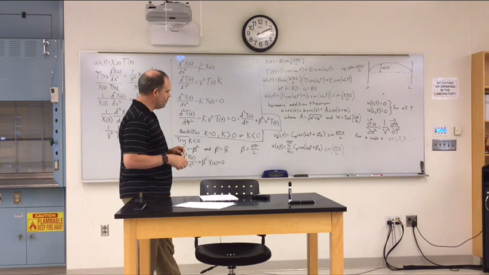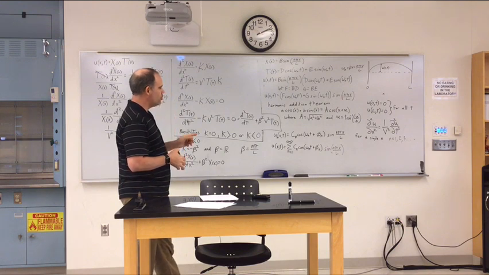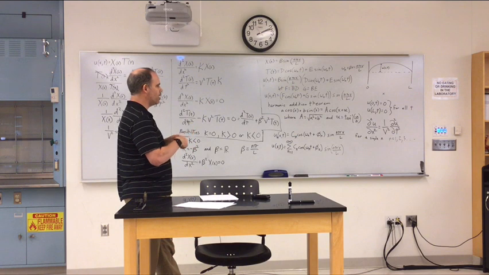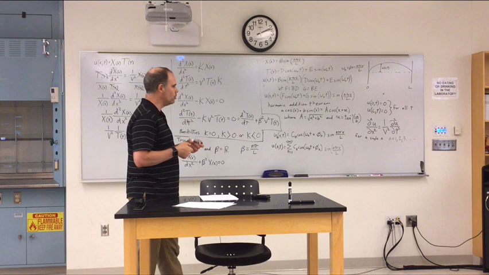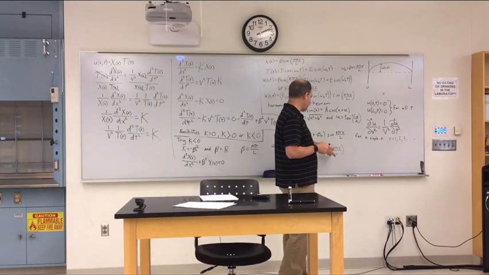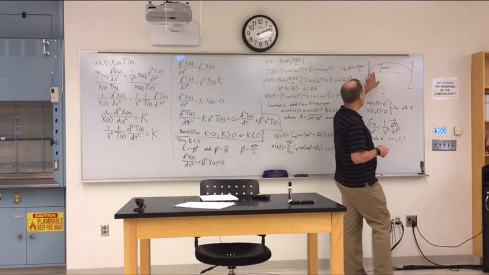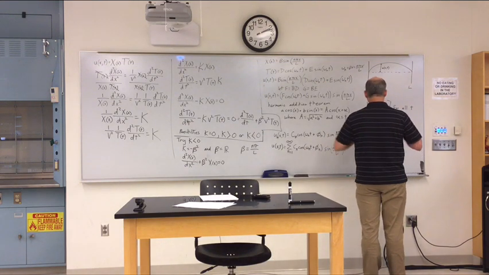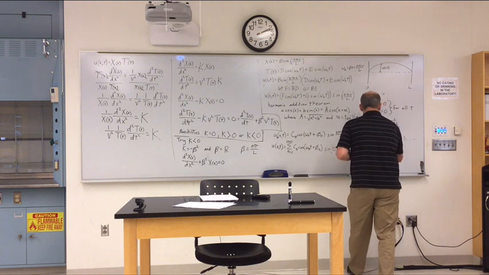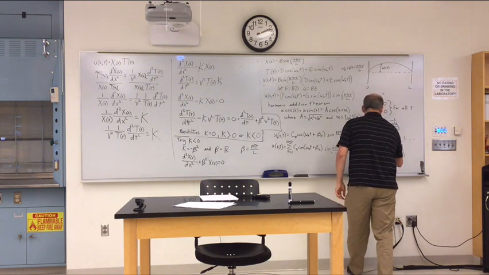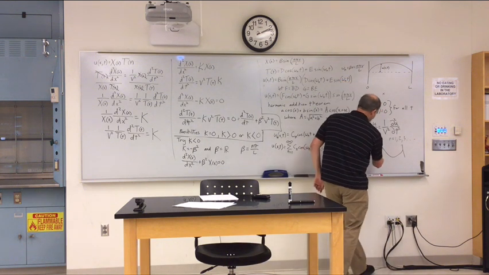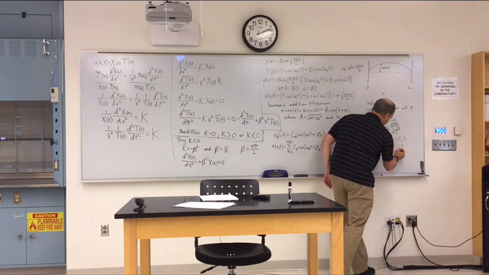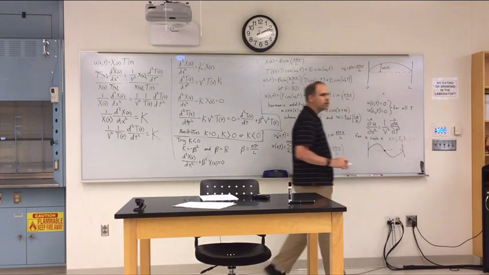If our n is a larger value, let's say it's a 2, then between our 0 and our L, we have something like that, and we'll have a middle value where it's equal to 0.